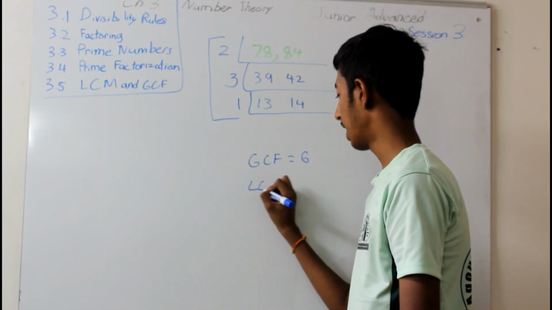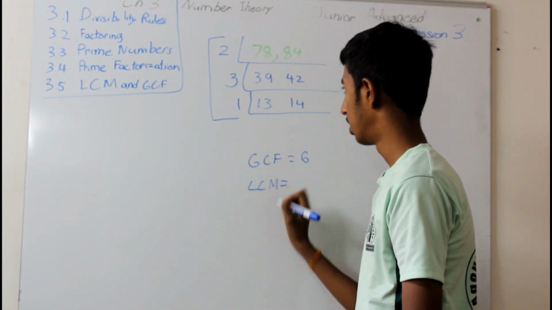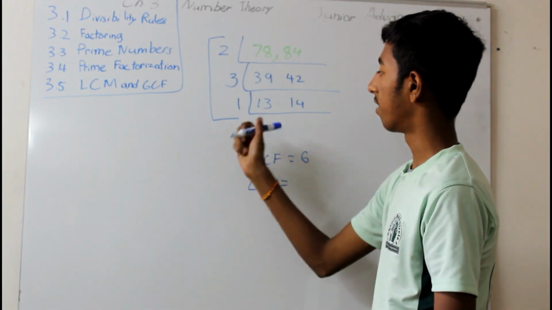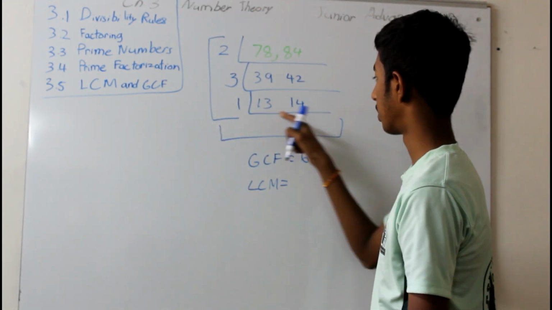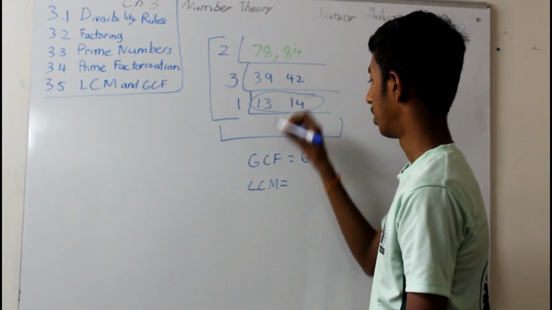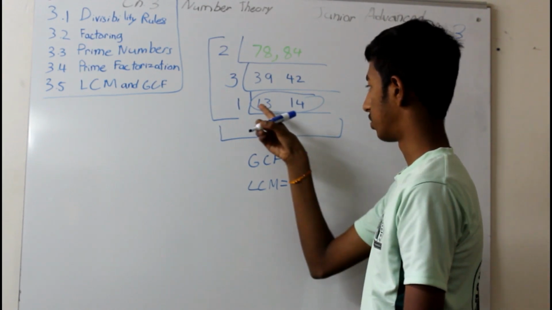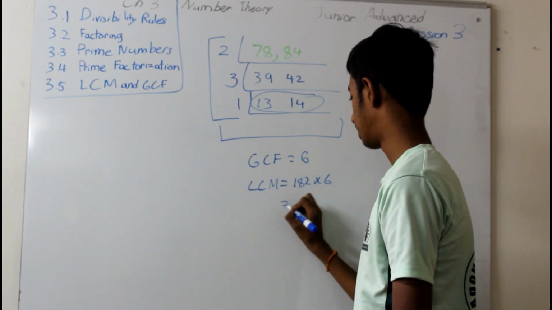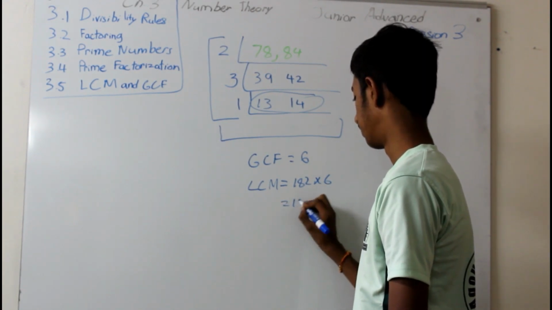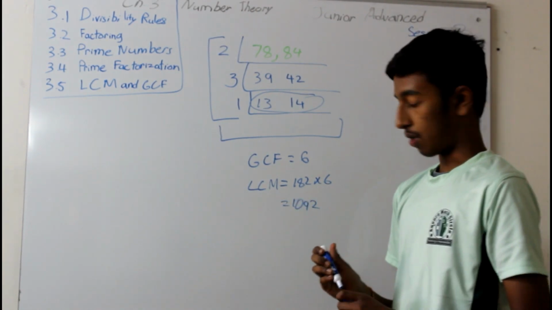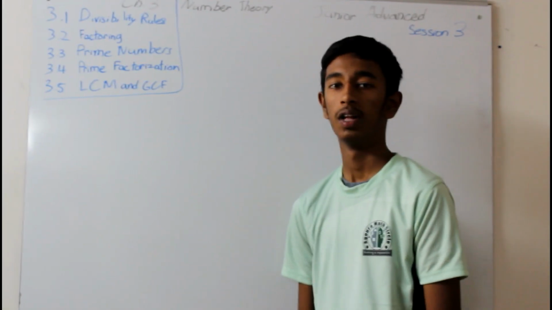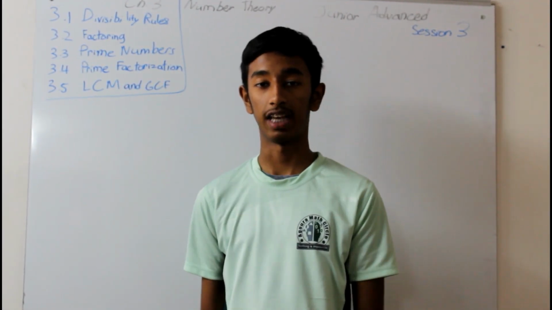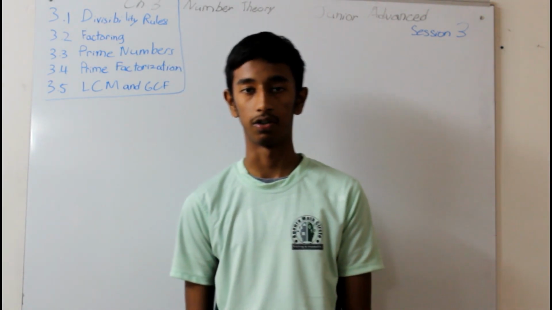Now the LCM is the GCF times the two numbers on the bottom, the lowest level. You get 13 times 14, which is 182, times 6, and this is equal to 1092. And that concludes the video for Session 3, Junior Advanced Algorithm Circle.